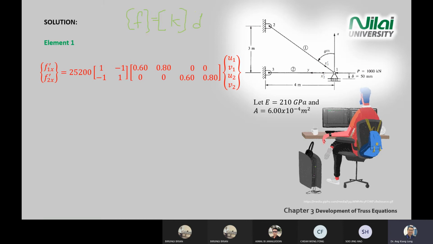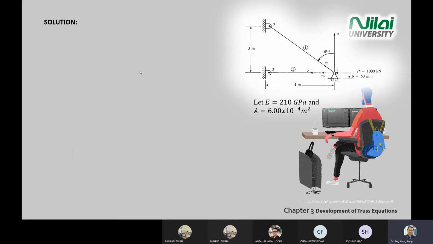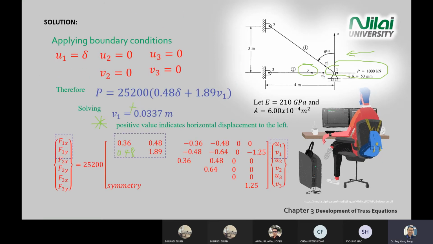In this case, the K is the standard one for an element, AE divided by L times 1, 1, minus 1, minus 1, 1. Or you can call from the general equation here.